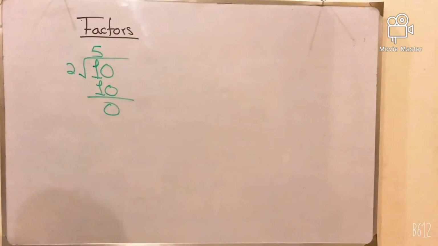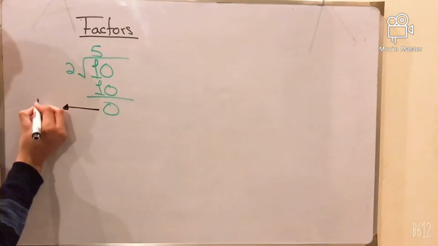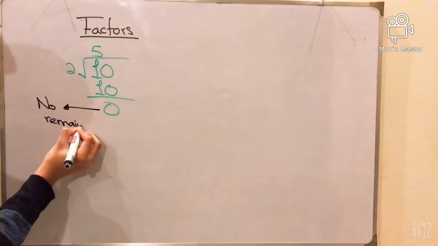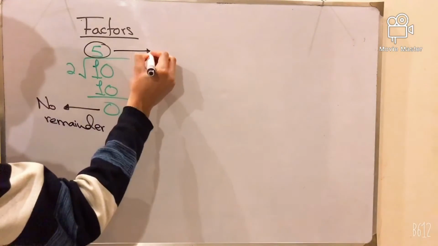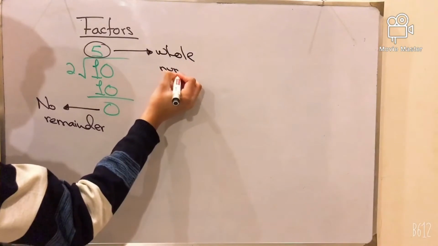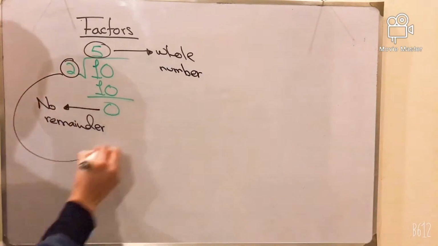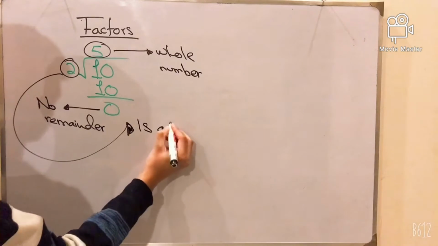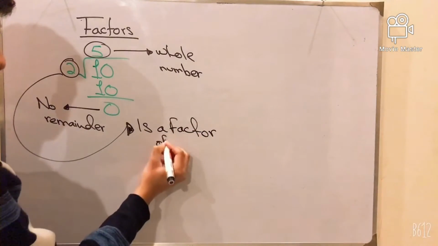So this time we don't have any remainder, and the quotient is a whole number. So we will say that 2 is a factor of 10.